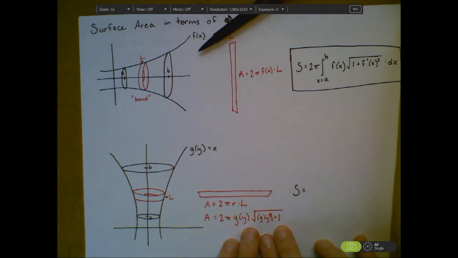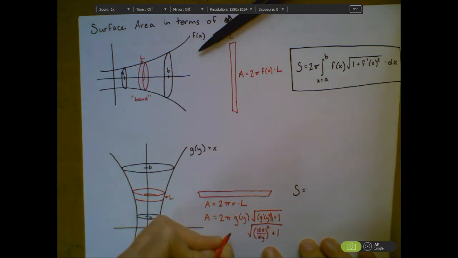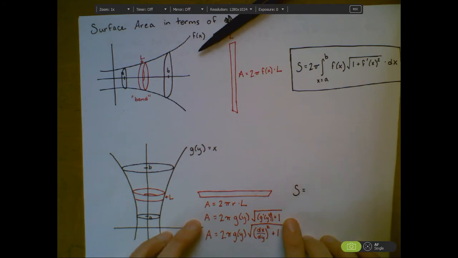So that's the area of this one piece. Maybe I should have said the square root of (dx/dy) squared plus 1, because we haven't yet taken the integral. So these are equivalent statements, with this one being the limit inside of the integration.